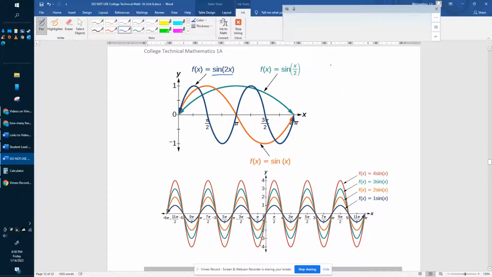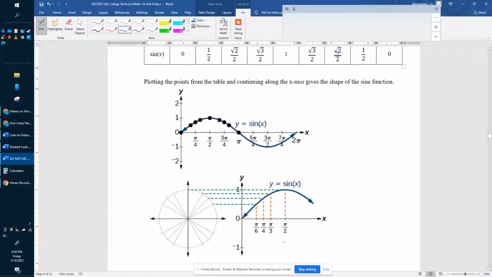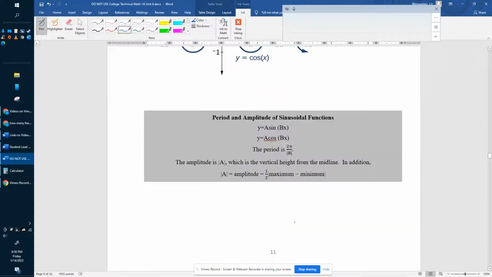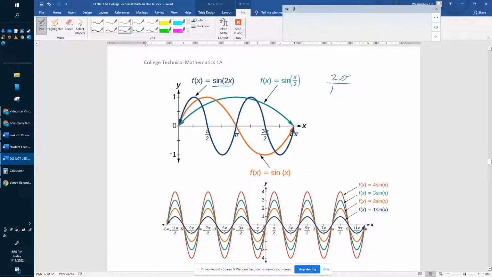Then we have 2 pi over the absolute value of 2, which is going to give us pi as our period. So now when we multiply x by 2, our period is no longer 2 pi, it just goes to pi right here. That's our period for our blue squiggly line.